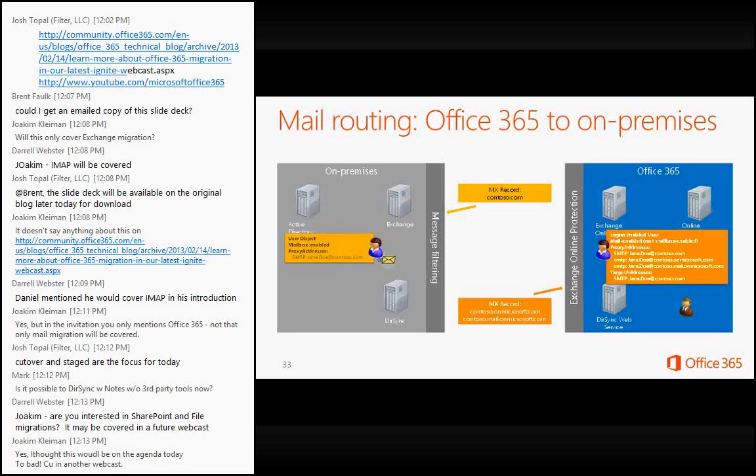There's a slightly different scenario for hybrid. Again, we're not going to talk too much about hybrid in this session, but essentially this is how mail routing would work for the staged migration piece, and it's that directory sync piece that gives us the enabler to determine where that mailbox is located and how we route that mail.